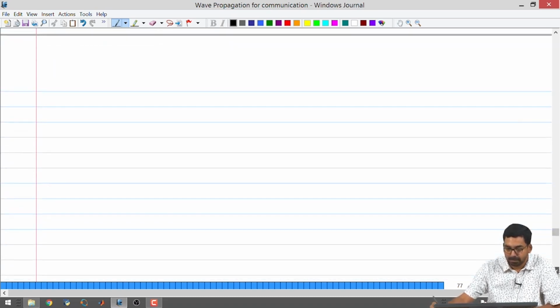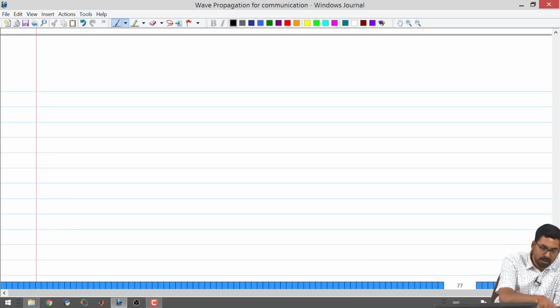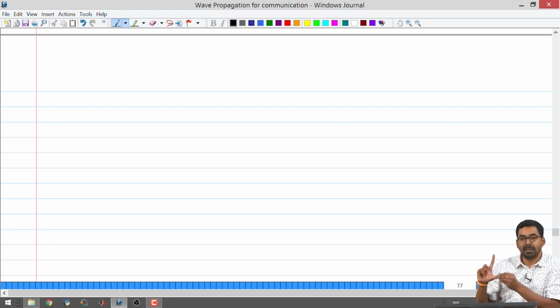This configuration, where you have electric field x component, magnetic field y component and the direction of travel along z, resembles the fingers in your right hand, where you hold your thumb, index and middle fingers orthogonal to each other. The direction of travel is given by your thumb, the direction of your electric field is the index, and the direction of the magnetic field is the middle finger.